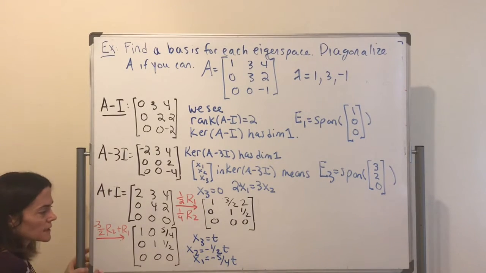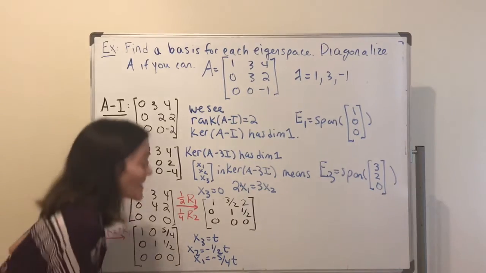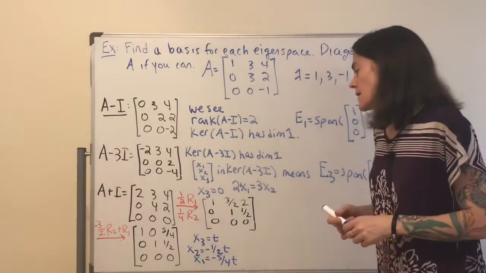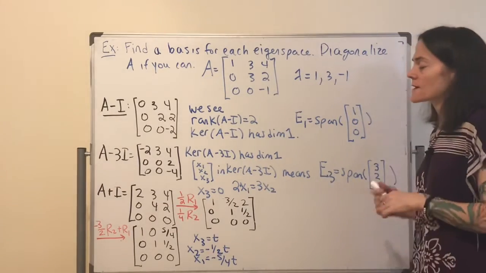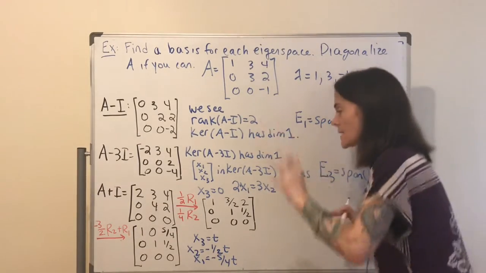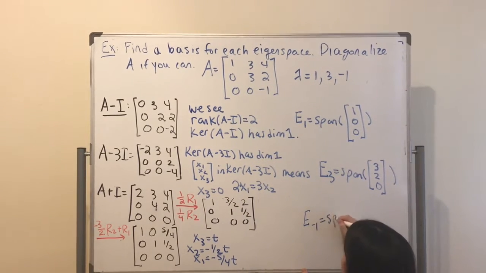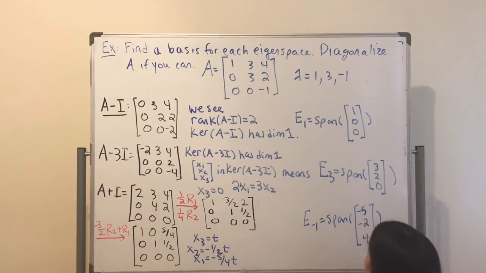Maybe the easiest thing to do to not have fractions, you can take t equals 4, for example, to get one element in the kernel, one non-zero element in the kernel, I should say. If I take this as 4, then x1 is minus 5. And here is minus 2. Okay.